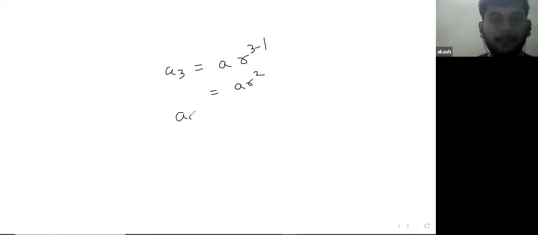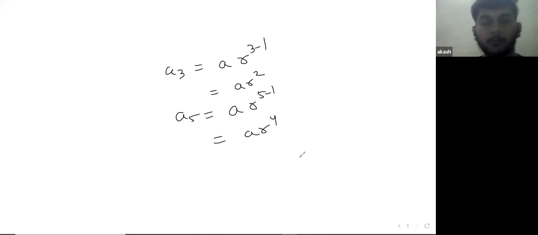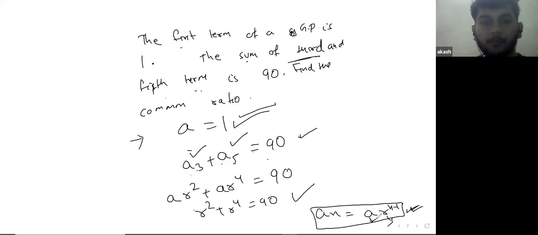In the same way, A5 will be A R 5 minus 1, that is A R raised to the power 4. All right. We substituted this value in this, and because A is 1, we just put the value of A. So this will become R square plus R raised to the 4 equals to 90. All right. Please write this down till this step.